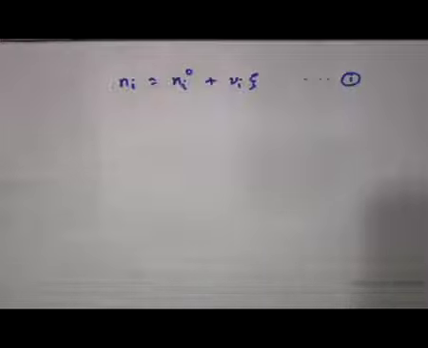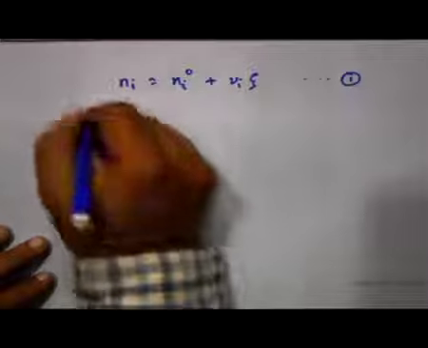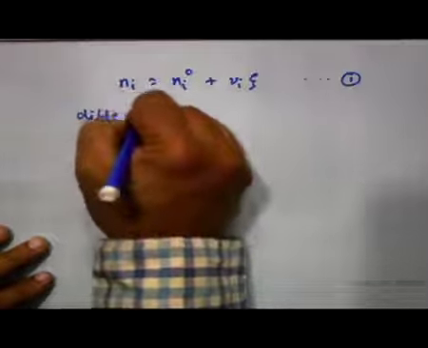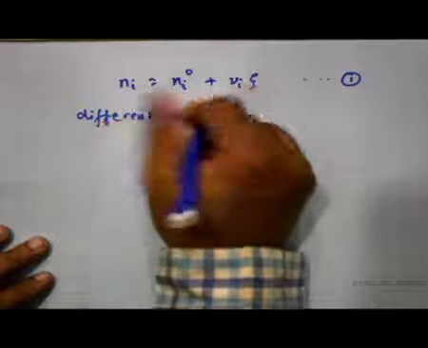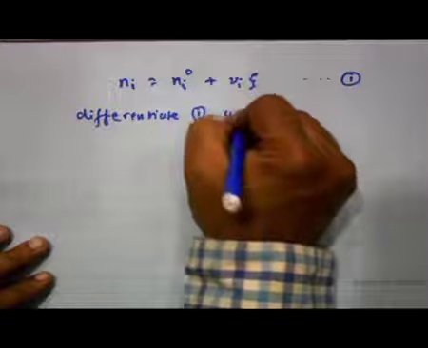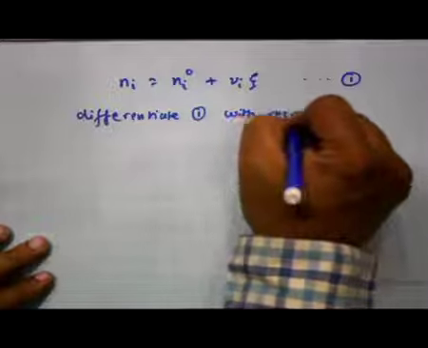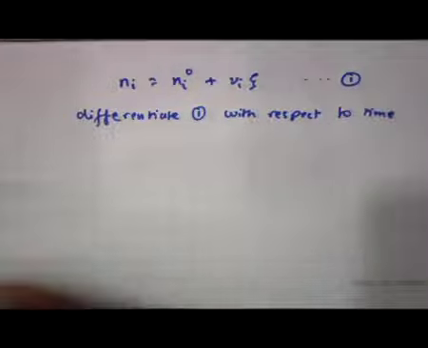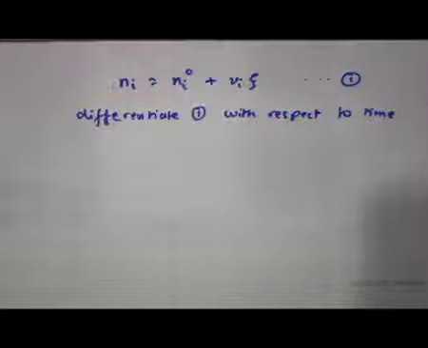Now, because it is a change with respect to time, what we do is we differentiate this equation with respect to time, because that is what kinetics is. We want to follow something as a function of time, that means how it changes with respect to time.